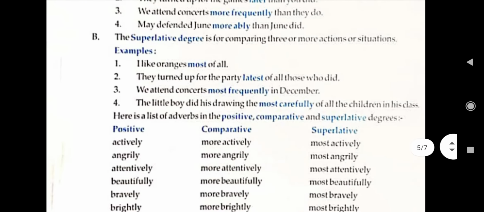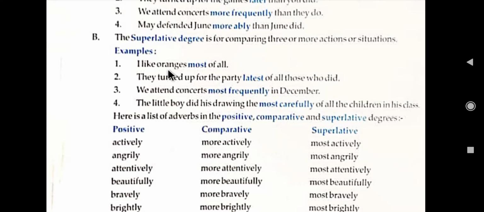Now, when we use superlative degrees, the superlative degree is for comparing two or more actions or situations. As we earlier learned, comparative degree is used for a comparison of two actions. But we use superlative degree when we have to compare more than two actions, and all.